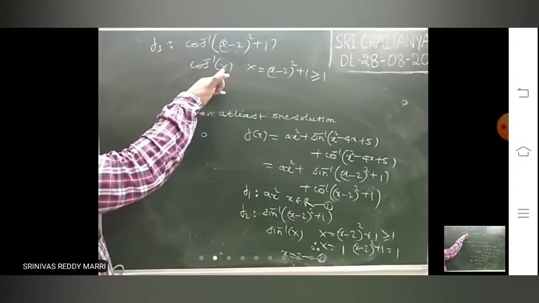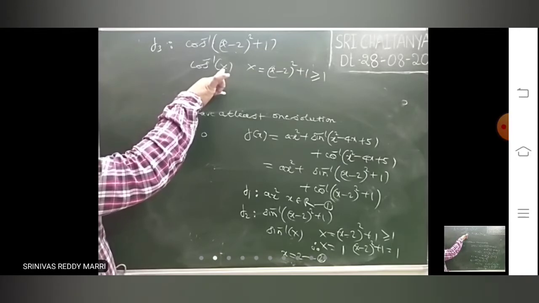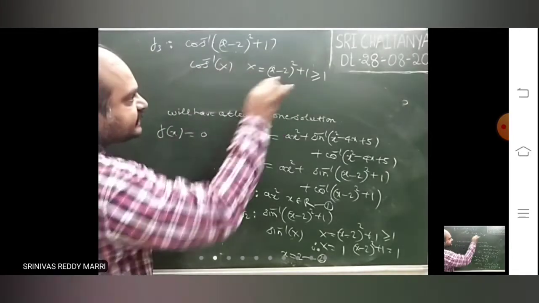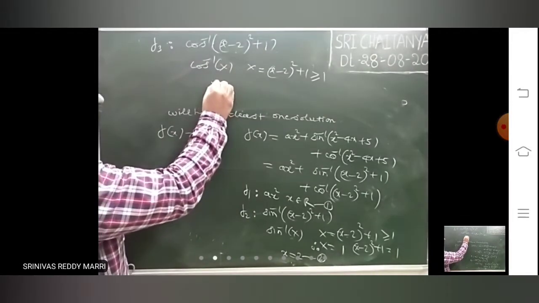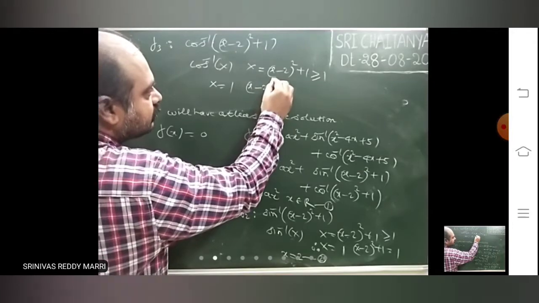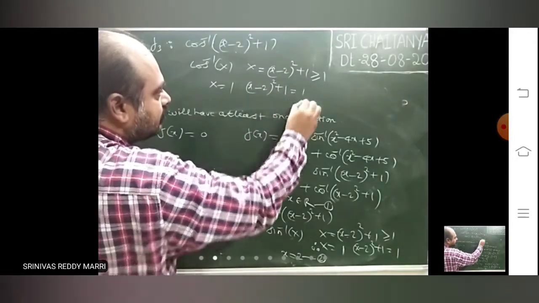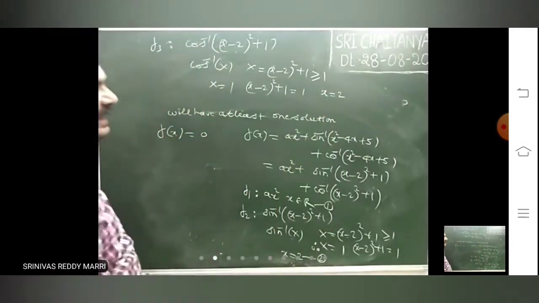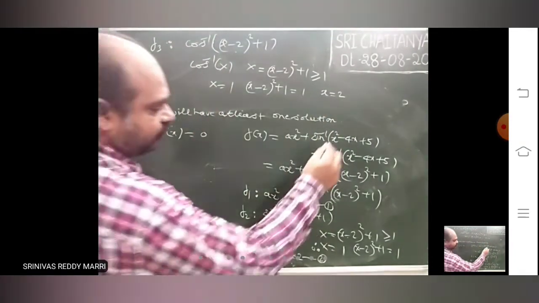But cos inverse of capital X is defined only when capital X lies between minus 1 and 1, so it is defined only when capital X equal to 1. The domain contains only one element, that is 2.